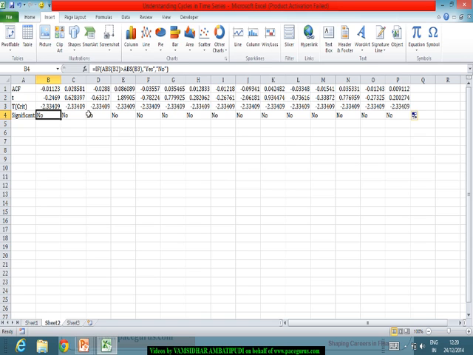Absolute of this, r into square root of n minus 2 divided by square root of 1 minus r squared.